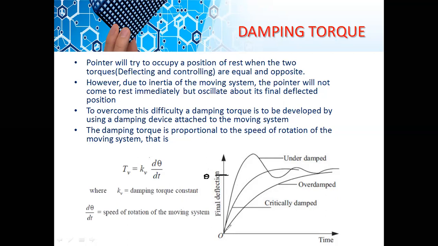The first type of damping is where the pointer will quickly move. Instead of stopping at theta, it will move to a value more than theta, and it realizes that the controlling torque is high, and hence it will come back toward theta.